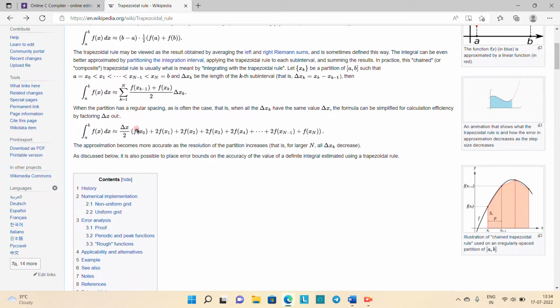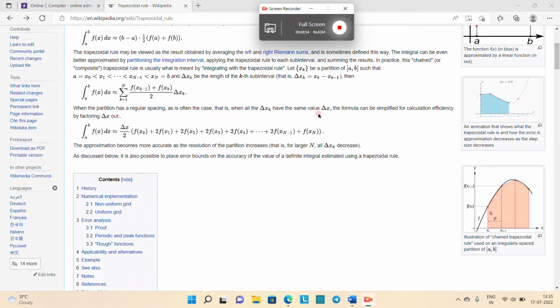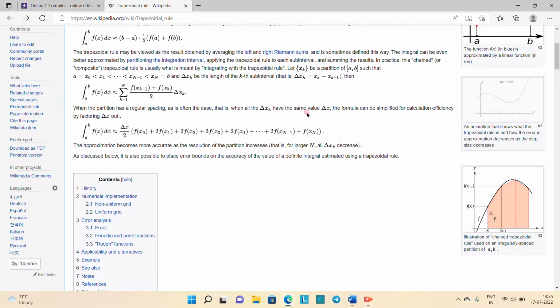So we can write it as f of a and f of b, and the formula is the width, or the step size, divided by 2, times the function value at the lower limit, f of x0 or f of a, plus the function value at the upper limit, f of b, and 2 into the function value at the rest of the intervals.